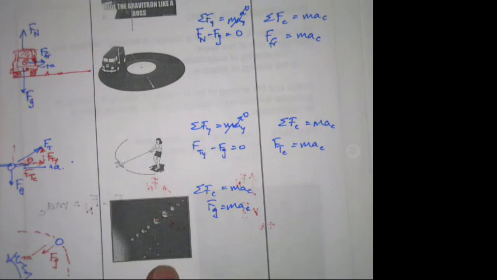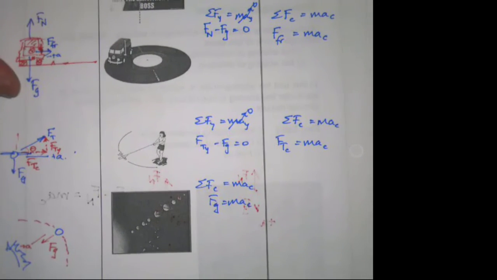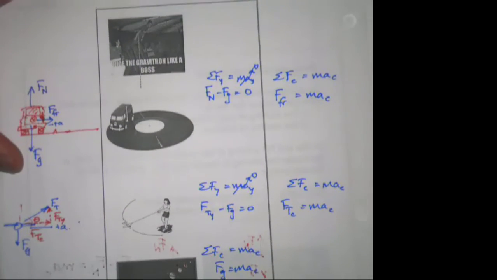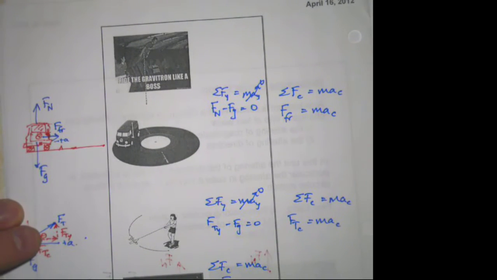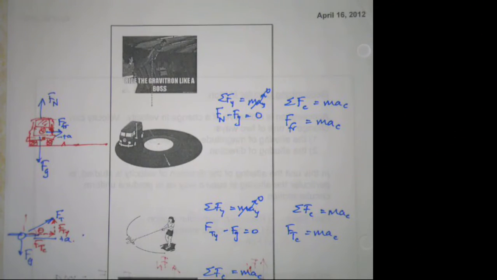The top one here, I don't know if you can see this very well, but I will talk about it, and maybe you can use your imagination a little bit and get this one figured out. Okay, if you look at this and focus really hard, you can see somebody standing on a chair.